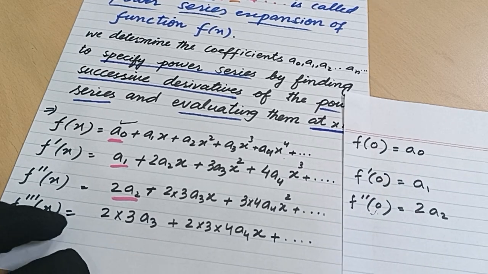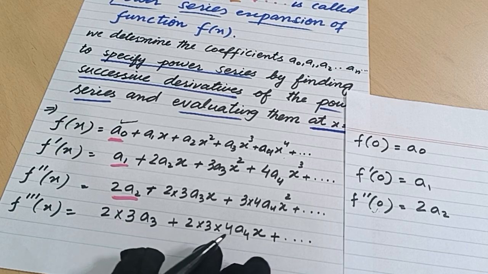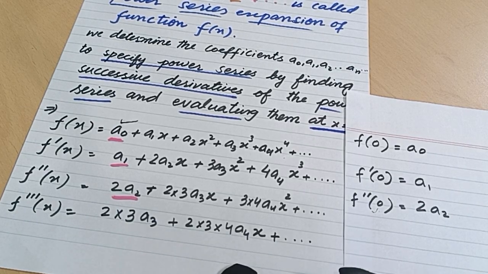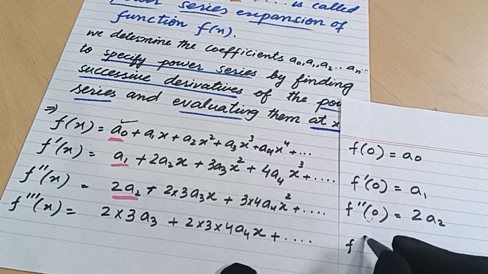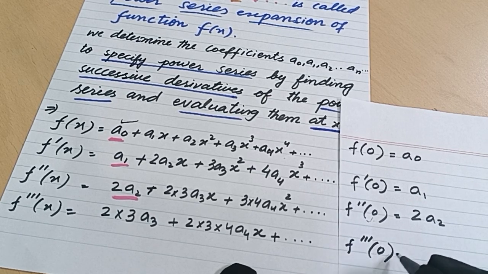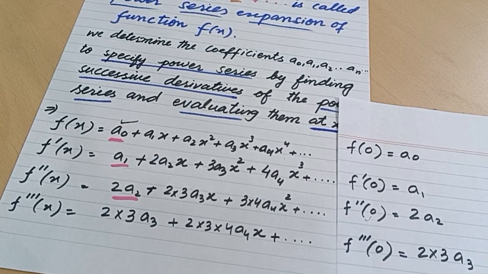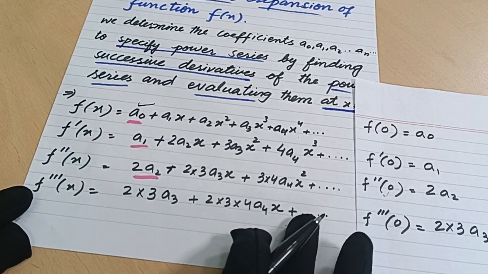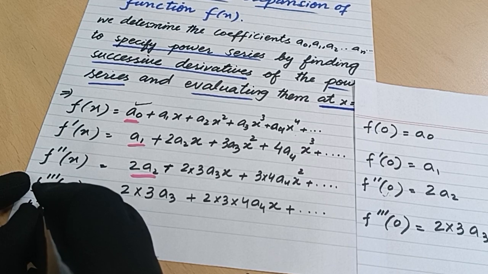When I take its value at 0, putting x equal to 0 makes the remaining terms 0, so the third derivative at 0 gives only 2 times 3 and the coefficient a3. Going in this way, I didn't write one term, but I can suppose what it can be, the fourth derivative.